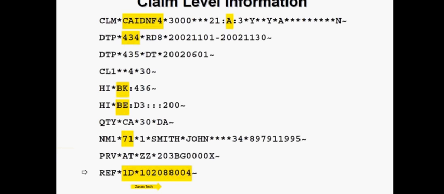Once you break it up, the transaction does not look complicated, but without knowing what the individual parts are, if you look at the file, it would really appear complicated. But if you break it up into your claim level information, your billing provider information, your subscriber information, the receiver sender information, it would actually look simpler. So that's what I would do if I were to test any claims.